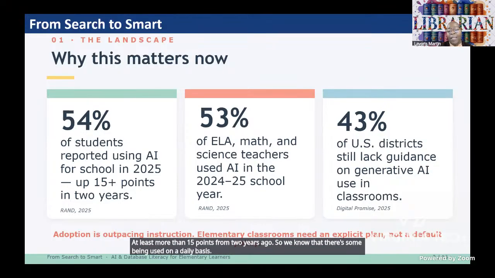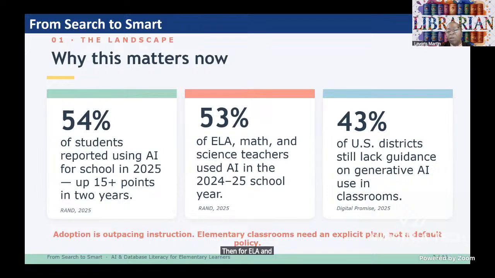Then for ELA, math and science, teachers are using AI, and that was reported by at least 53% of them. As well as 43% of U.S. districts still lacking guidelines for using AI in the classroom.